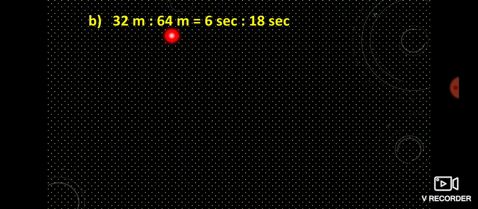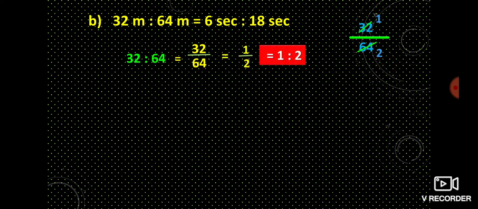32 meter is to 64 meter equal to 6 seconds is to 18 seconds. First we do the ratio of these two numbers. 32 is to 64. 32 by 64. In 32, 1 32. In 64, 2 times 32. That is 1 by 2. 1 is to 2.